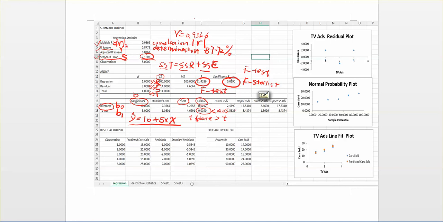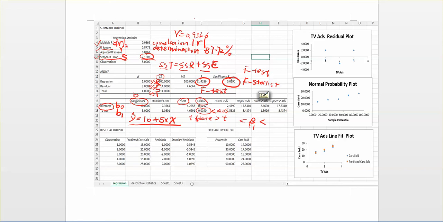If you look at the columns following the p-value, you have the lower 95% and the upper 95%. They are the boundaries for our slope, beta 1. Corresponding to the second row, TVs, the lower bound is 1.5626 and the upper bound is 8.4374.